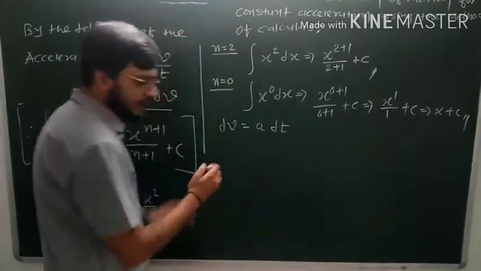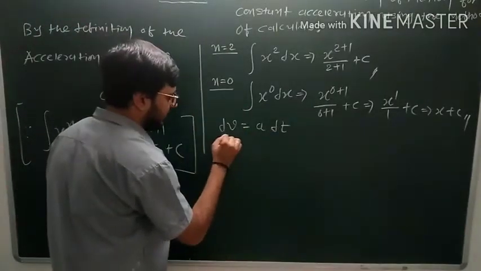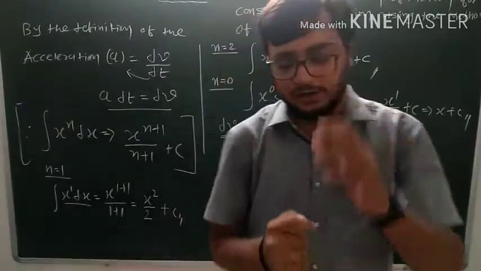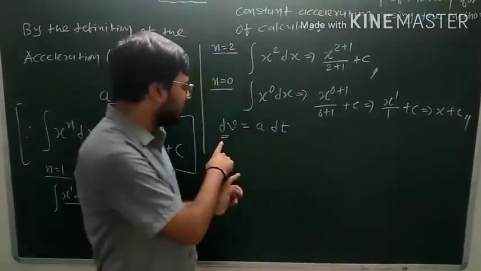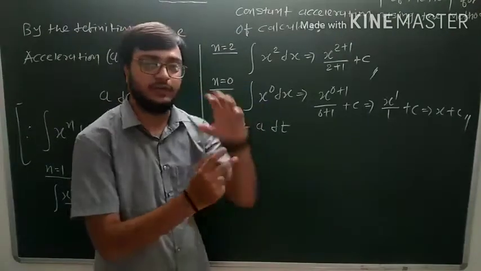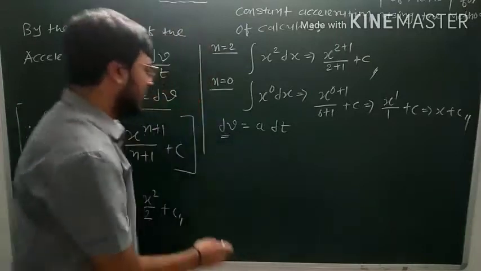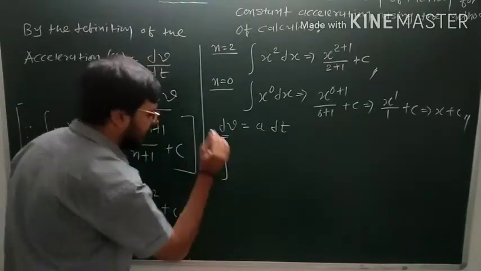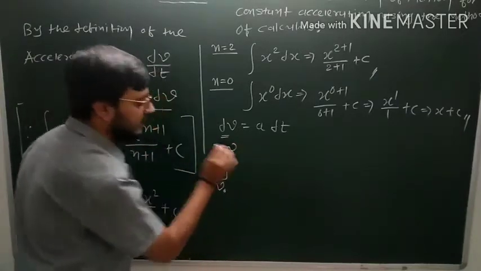Now we integrate both sides, LHS and RHS. First we take the limits: initial velocity and final velocity, and initial time t equals 0 and final time t equals t. So the integration limits are v naught, the initial velocity, to v, the final velocity.